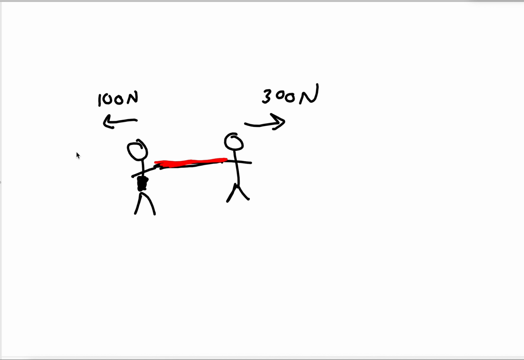Would I pull you to the left, or are you going to win this tug of war and pull me to the right? You're going to pull me to the right. And so the direction of the final force is going to be to the right. And the magnitude of that final force is going to be 200 newtons, because you pulled with 300 to the right and I pulled with 100 to the left.